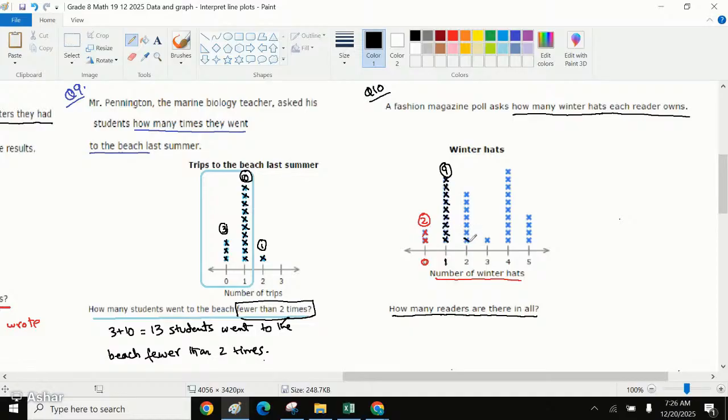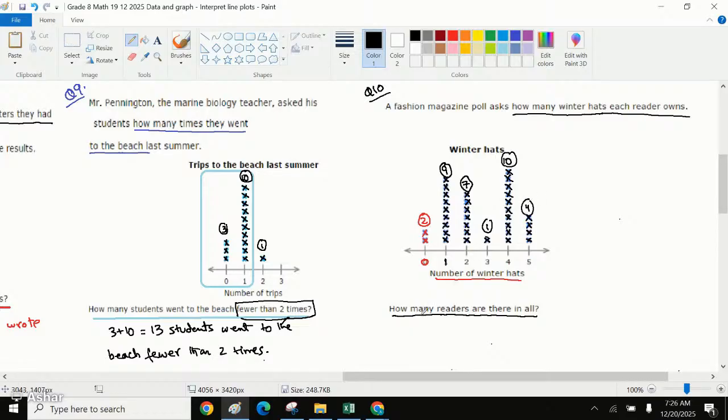Two hats were owned by 1, 2, 3, 4, 5, 6, 7. You do not have to mark them again; you can simply count them also. This would be 1, 2, 3, 4, 5, 6, 7, 8, 9, and 10. And this is 1, 2, 3, 4.